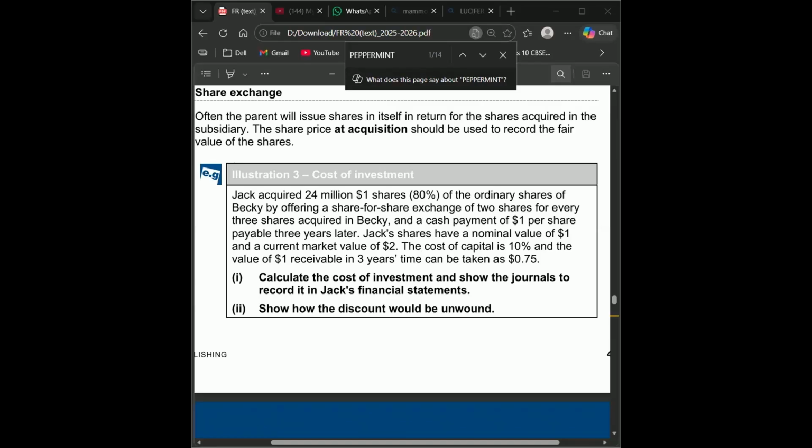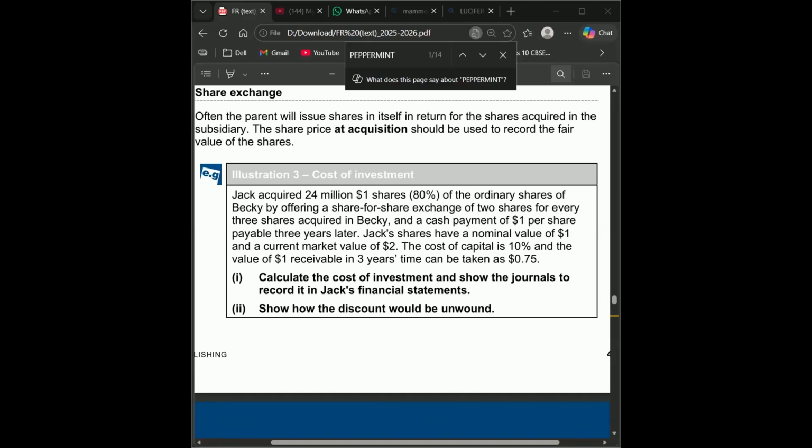We learned different types of considerations yesterday. Okay, it's share exchange. That is share consideration and deferred consideration.